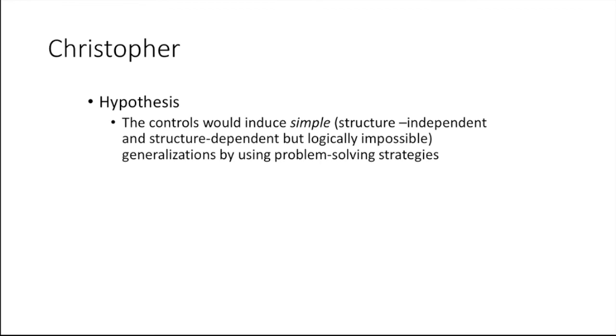And so the hypothesis then is that the controls would induce simple rules, generalizations, right? Both the structure-independent and the structure-dependent but logically impossible ones, by using problem-solving strategies. And so since they have their general central reasoning capacity intact, they can use that capacity to solve the problem of this computationally simple but linguistically impossible problem. They simply don't treat them as language but as puzzles, and they're good at solving puzzles like everyone else.